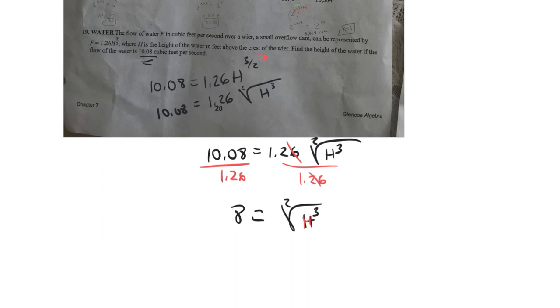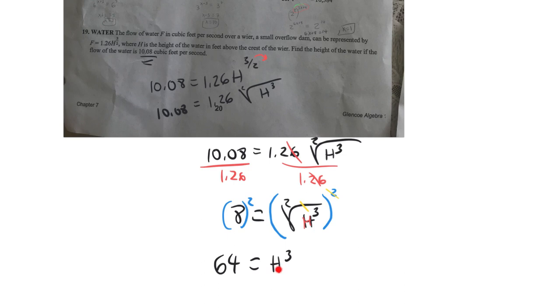The opposite of square rooting something is to square something. So we can square both sides right now. So 8 squared is 64, and the squaring action cancels the square root symbol out, and then we have h cubed.